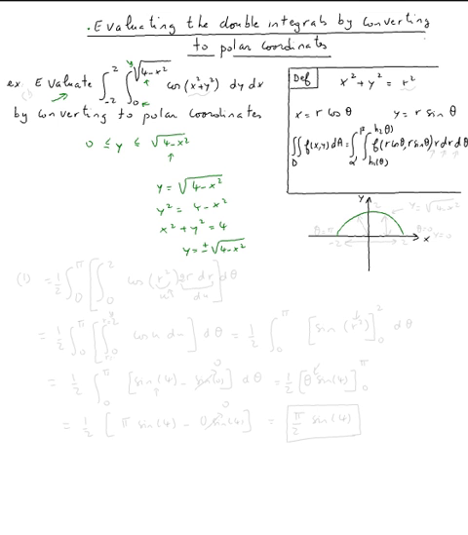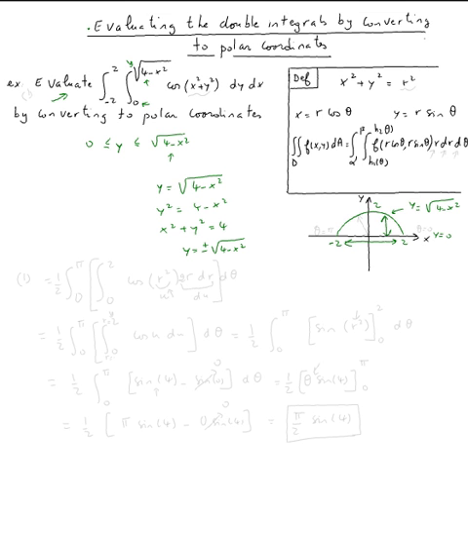So this will be -2, 2, 2. So I know the y goes from y equals 0 to y equals the square root of 4 minus x squared, and the x goes from -2 to 2.